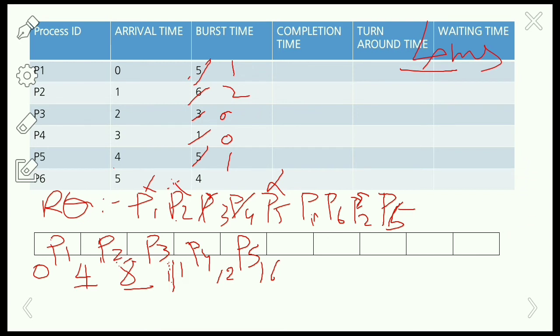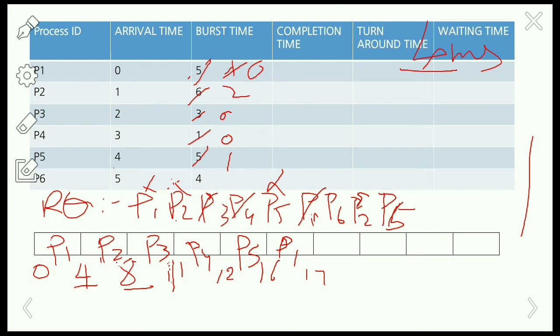Next is P1. P1 is taken here for 1 minute of time, so it will become 0. That is 17, and it has finished the execution. Now P6 is the next process.